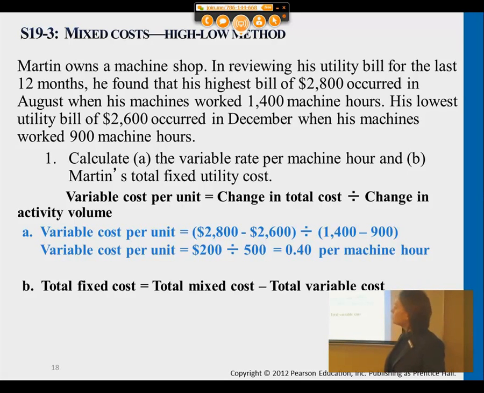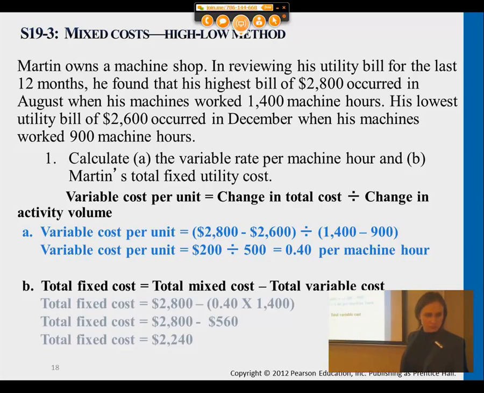My mixed cost I know is 2,800, and my variable cost is what? How do I find my variable cost? 2,800 minus 0.4 times 1,400. Yes, very good. So I'm going to use the machine hours for the highest bill, and I'll multiply it by this 40 cents per machine hour that I just found.